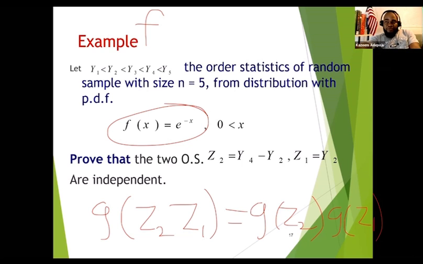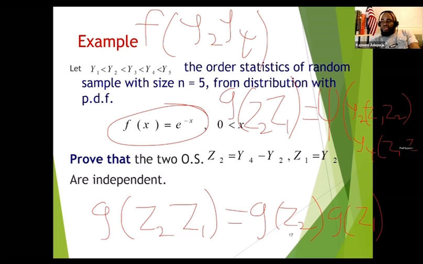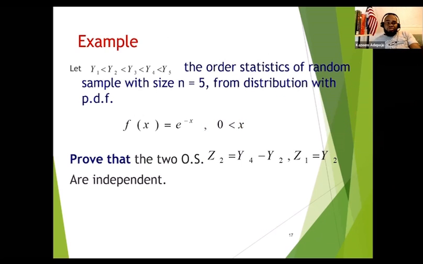After getting f of y2 and y4, you need to use g of z1 and z2, which is a function where you express y2 in terms of z1 and z2, and y4 in terms of z1 and z2, multiplied by the determinant of the Jacobian. I'm going to walk you through that on Monday.